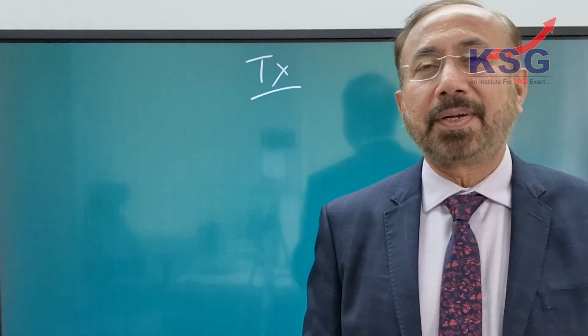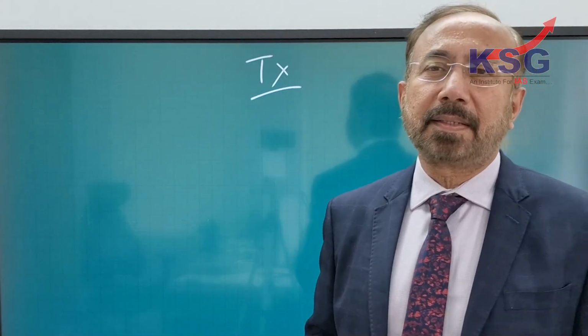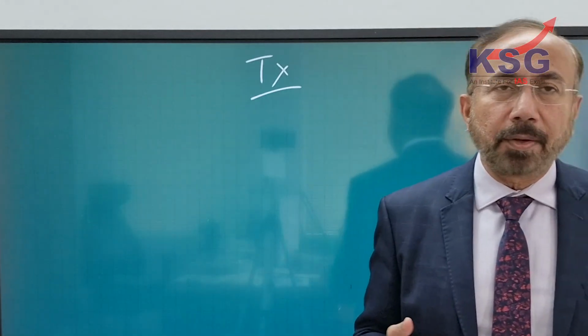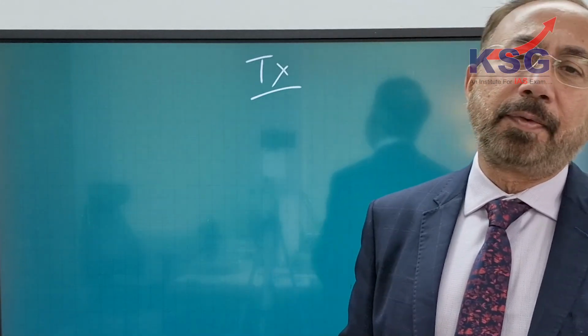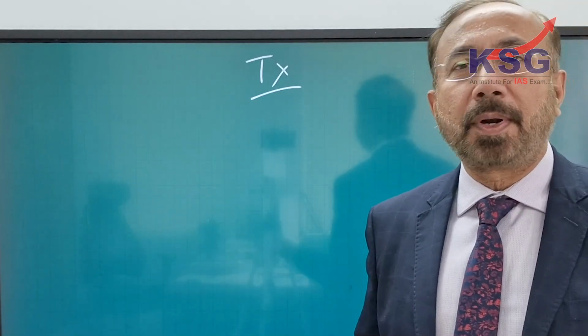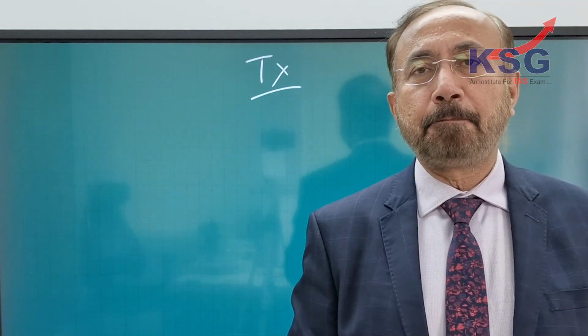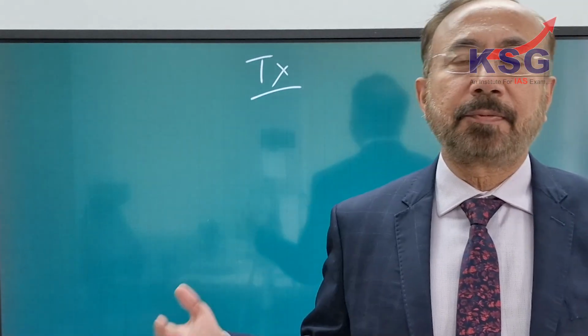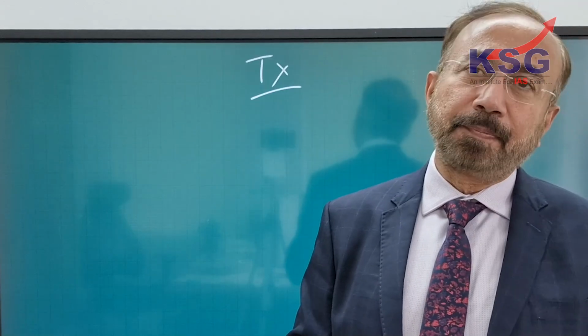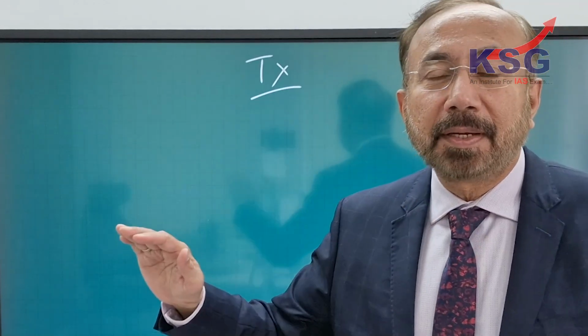Then we have got production tax. Production tax is where you are paying a fixed amount of tax, irrespective of the quantity or the nature that you may be having. Let's say, for example, you pay some taxes for registering a particular thing. That becomes a stamp duty that you pay.